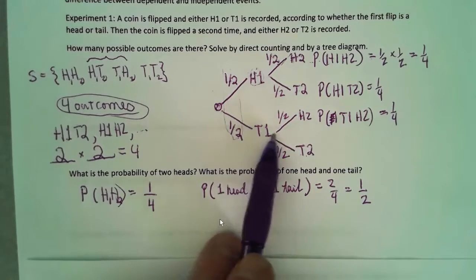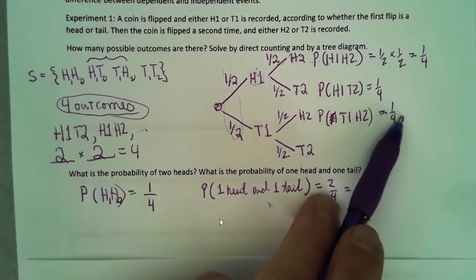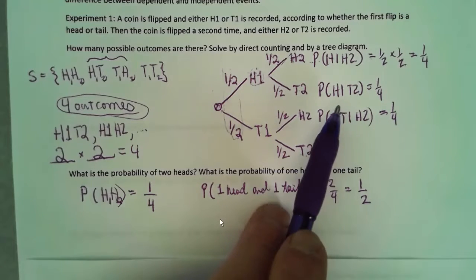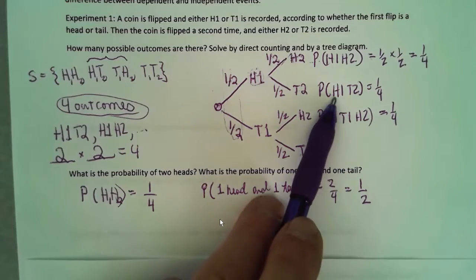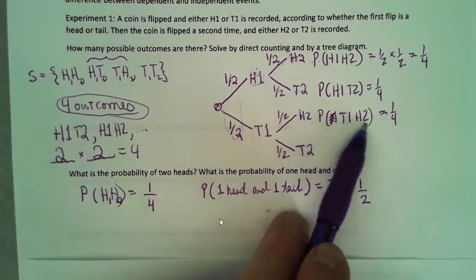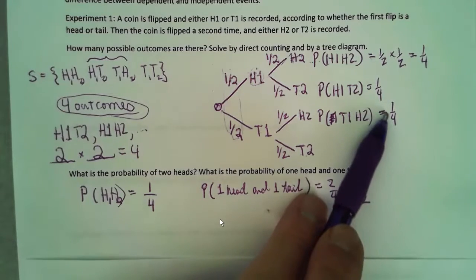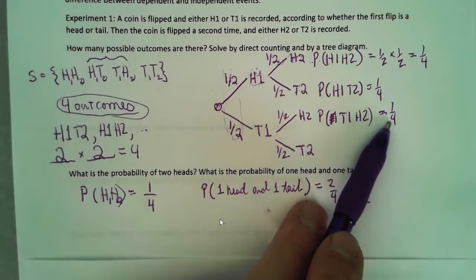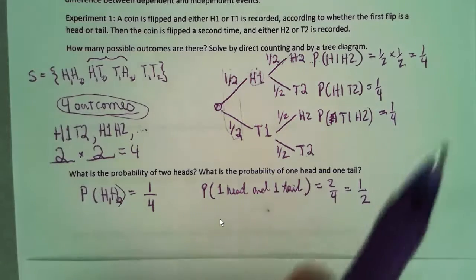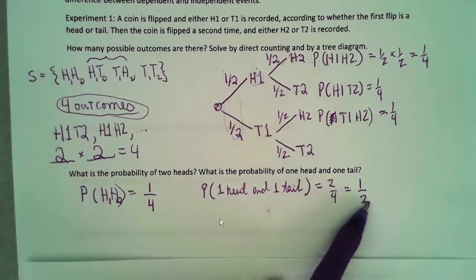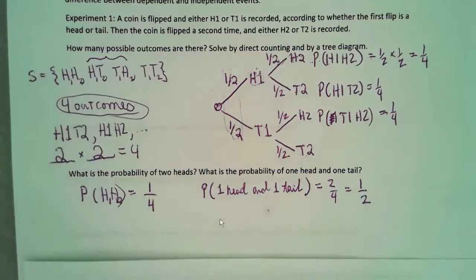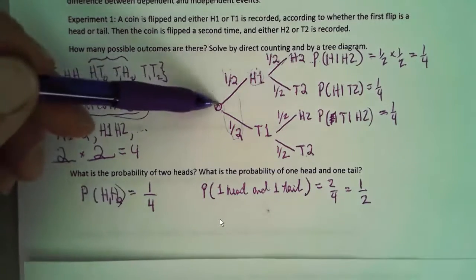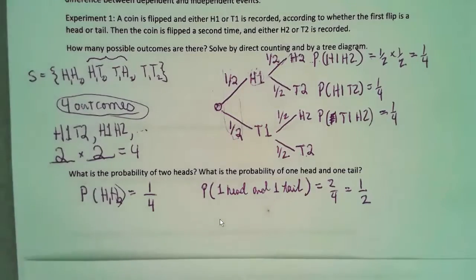That one, 1/2 times 1/2, once again, 1/4. So the ways of getting 1 head and 1 tail are head first, tail second, tail first, head second. Sum those up because they are mutually exclusive. We have 1/4 plus 1/4. 2/4 or 1/2 is the probability of getting exactly 1 head and 1 tail. You can get that from the tree diagram. You can get that from counting.